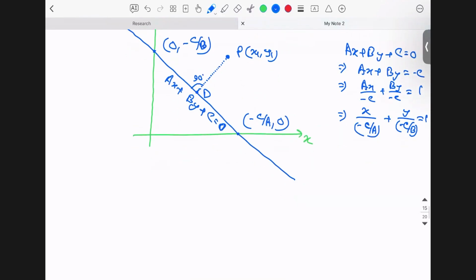Now look, we can get a triangle like this.